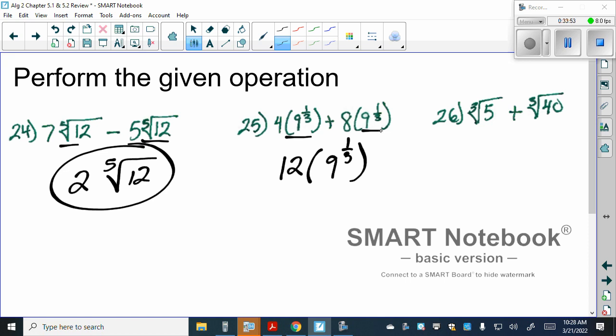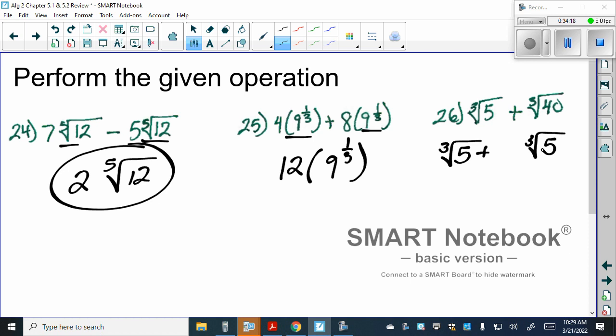If we're going to be able to add or subtract, we need them to both be the same. Well, I know I can't take the third root of 5 any further than it is because 5 is prime. But 40, we need to see if we can rewrite it as some number times the third root of 5.